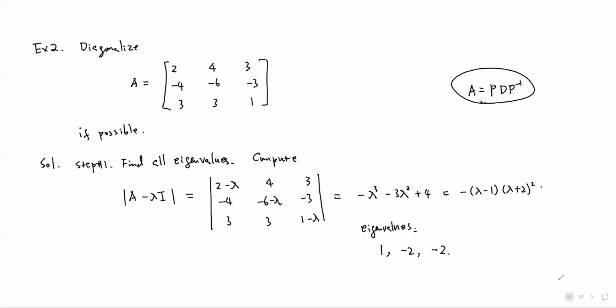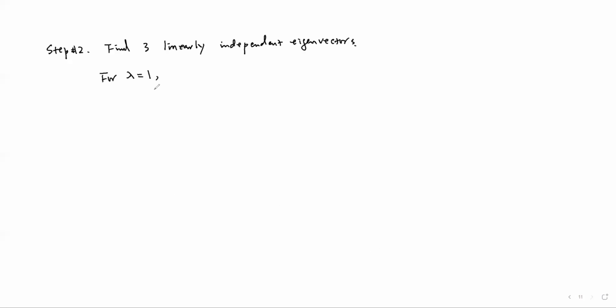We need to find 3 linearly independent eigenvectors. For eigenvalue 1, to find eigenvectors corresponding to 1, we solve this equation.